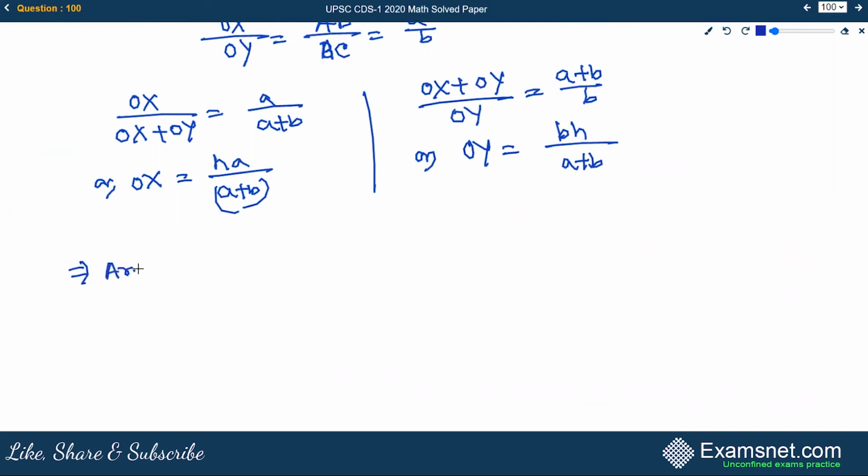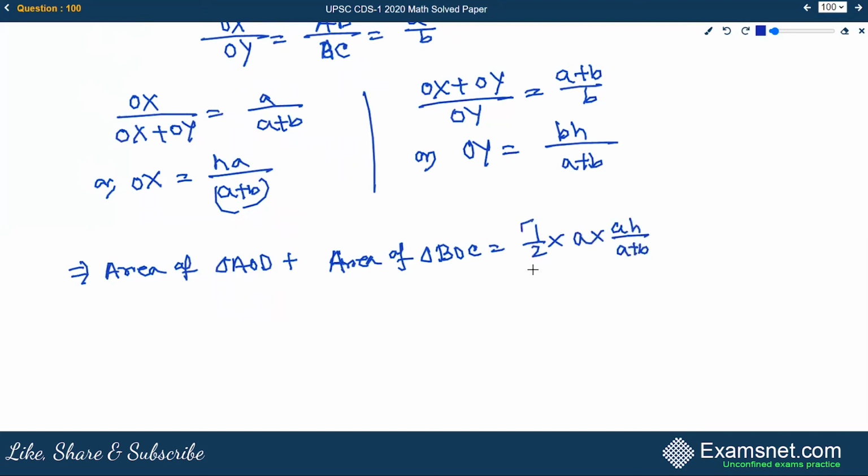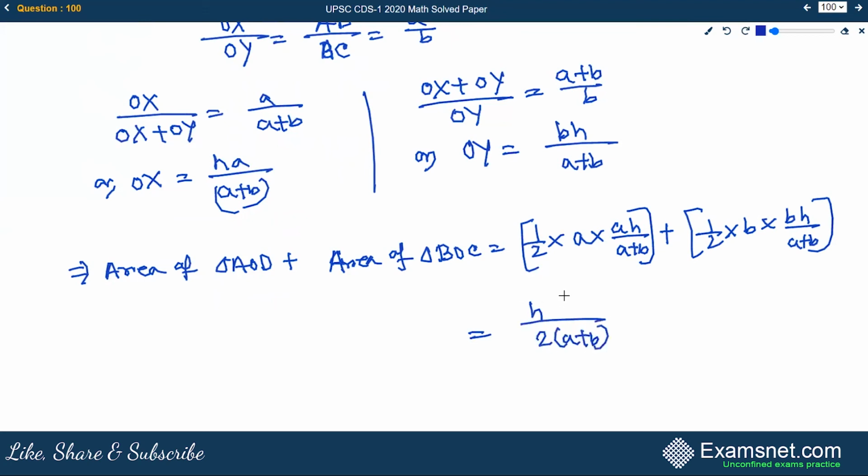So area of triangle AOD plus area of triangle BOC, that is half into, okay, base is A and height is AH by A plus B, plus half into B multiplied by BH by A plus B. So altogether we will get the value H by 2 of A plus B multiplied by A square plus B square.